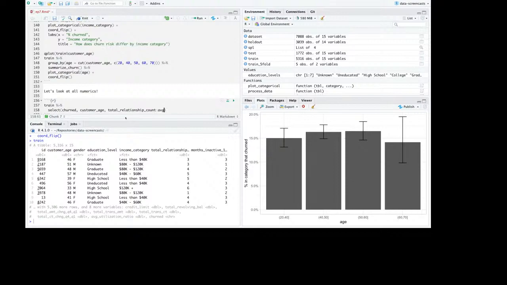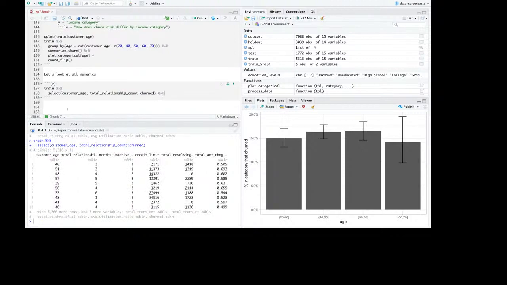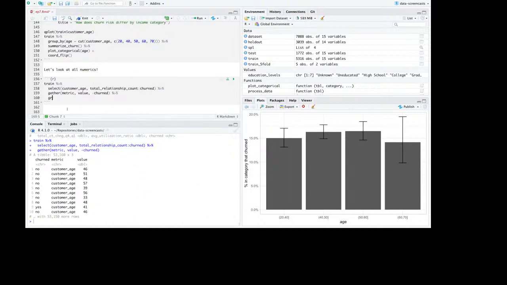Actually, I can do it through churned, and I'm in good shape. Gather metric value, everything but churned. And facet wrap by metric.